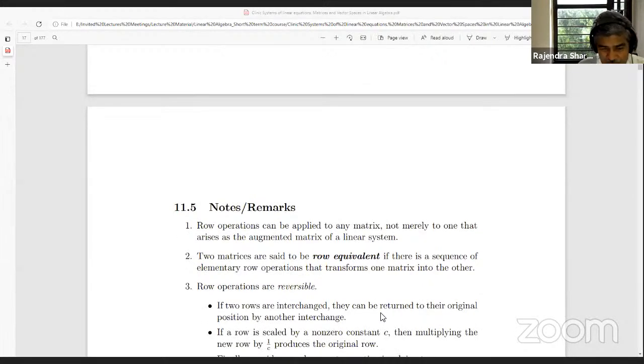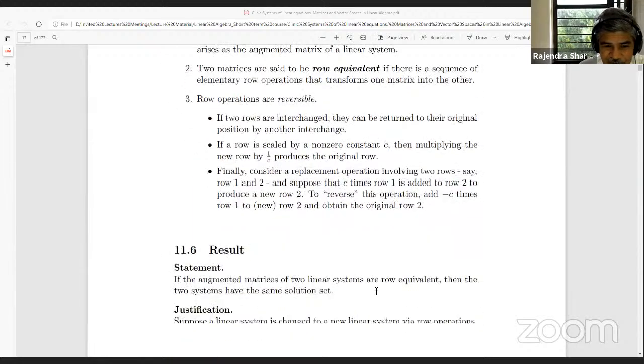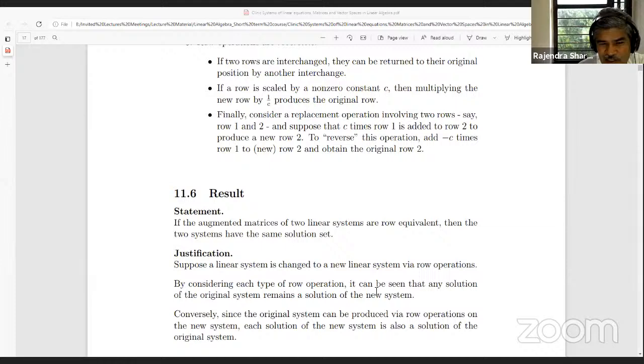So we say matrices are row equivalent if one is obtained from the other by performing finitely many of these basic operations on the rows. So if the augmented matrices of 2 linear systems are row equivalent, then the 2 systems have the same solution set.